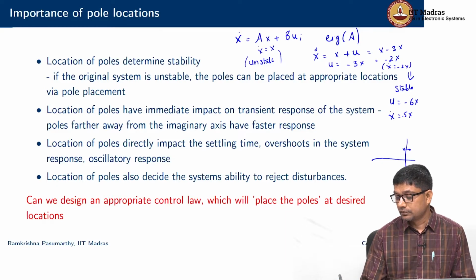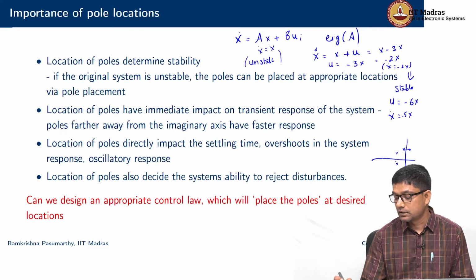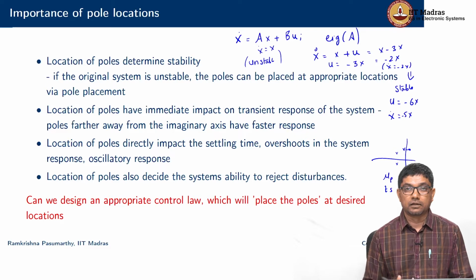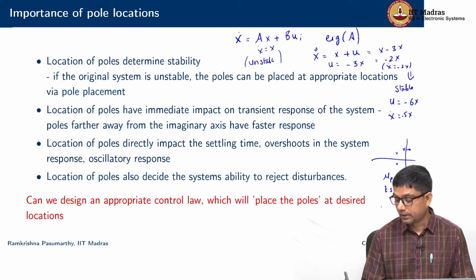Here in the second order design, we just looked at placing poles at appropriate locations to have certain specifications on the zeta and settling time, which resulted in a certain design of zeta and omega n, and therefore the dominant poles.